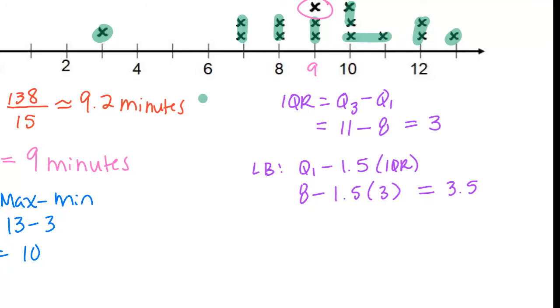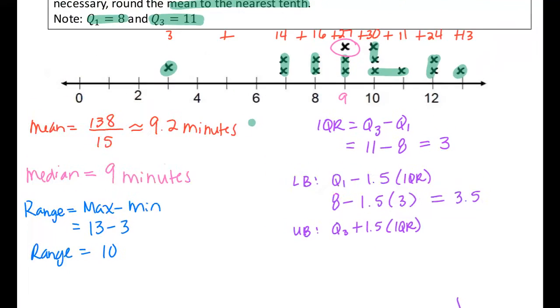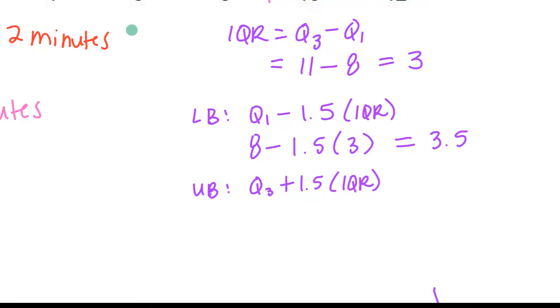Now for the upper bound, we're doing Q3 plus 1.5 times the IQR. So my Q3 is what? Q3 is 11. Thank you. So for Q3, we're doing 11 plus 1.5 times the IQR, which is still 3. So it's 11 plus 1.5 times 3.